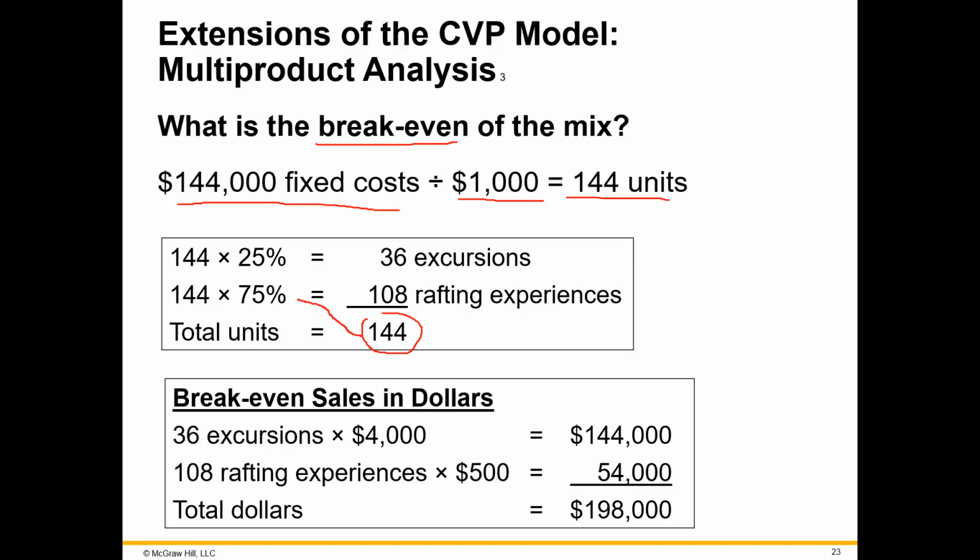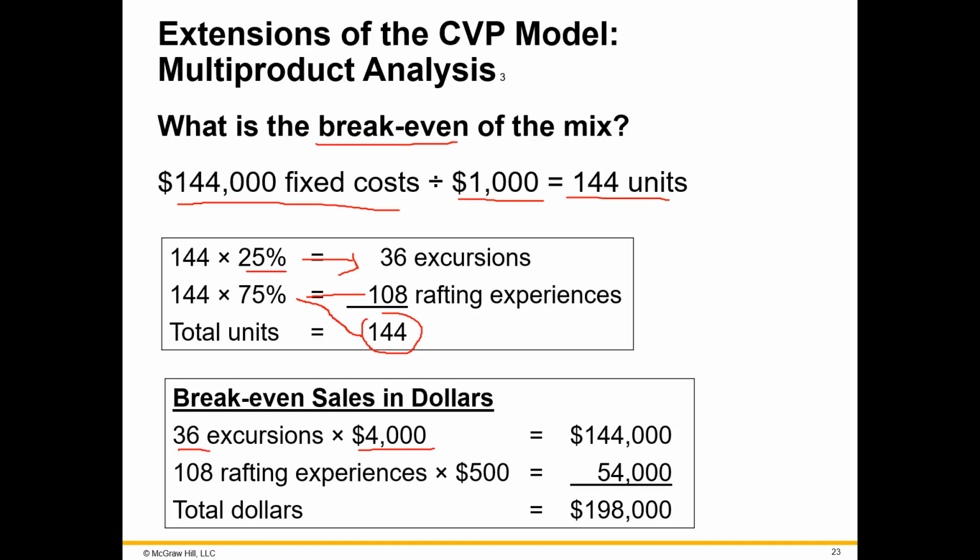And if we want to know the total revenue instead of the number of trips, we can multiply 36 times the $4,000 sales price per excursion, and then 108 times the $500 sales price for rafting, to give us a grand total of $198,000 in revenue.